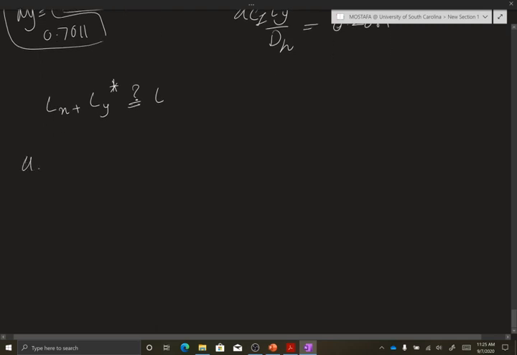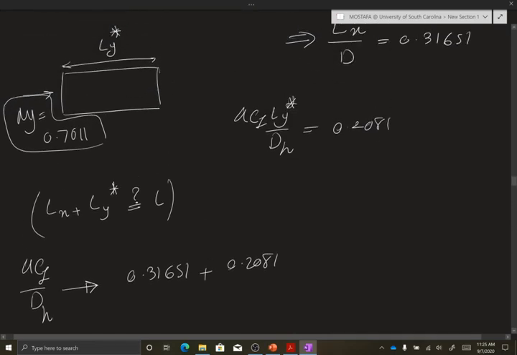We can multiply both sides of this comparison by 4CF over the hydraulic diameter, so you are going to get the same thing. So we are going to have 0.31651 plus 0.2081, which is the value here and the value we calculated here.